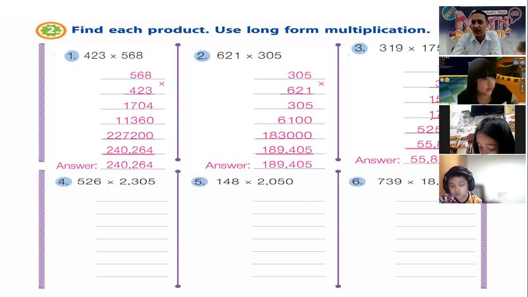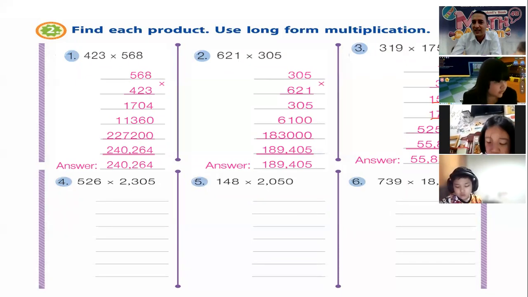Now again 300s multiplied with 5, then 7, then 1. We write down 2 zeros at place 1 and place 10. And 3 multiplied by 175 is equal to 525. So now we make the sum of that, which is equal to 55,825. That is the correct answer.